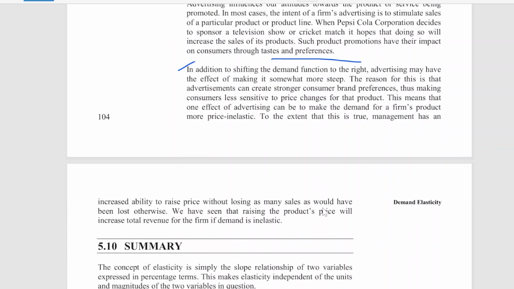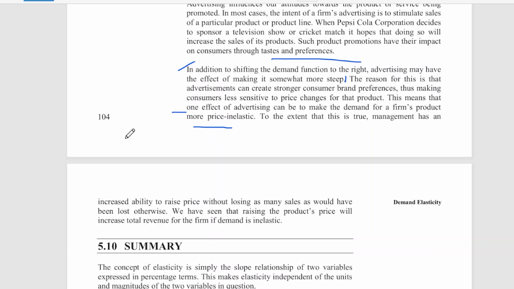And in addition to shifting the demand function to the right, advertising may have the effect of making it somewhat more steep. The reason for this is that advertisement can create stronger consumer brand preferences, thus making consumers less sensitive to price change for that product. This means that one effect of advertising can be to make the demand for a famous product more price inelastic.